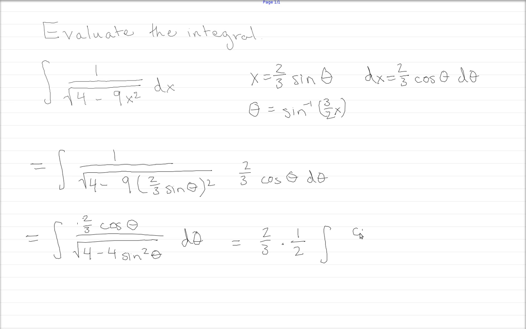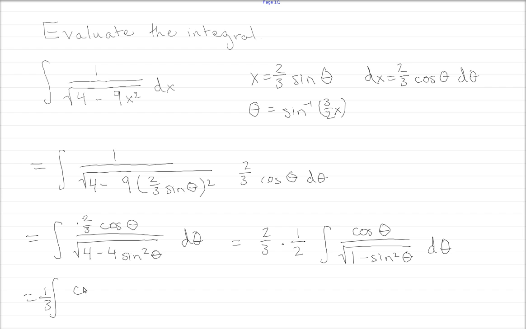And now inside my integral, I'm just left with cosine theta on top, and then in my square root I've pulled out the 4, so I've got 1 minus sine squared theta d theta. Now, remember, 1 minus sine squared theta is cosine squared theta.